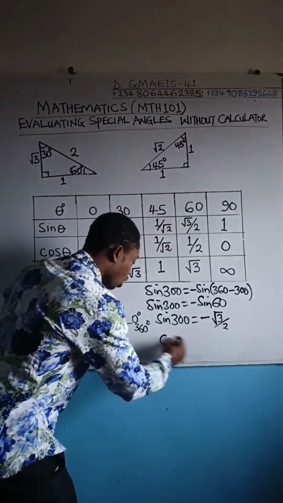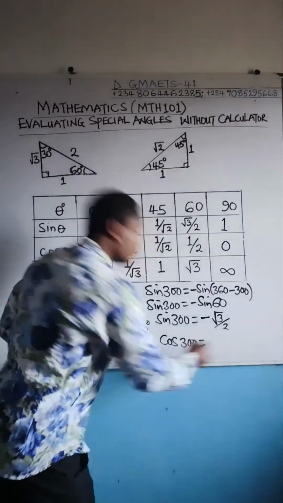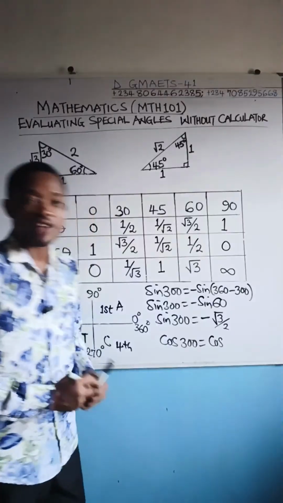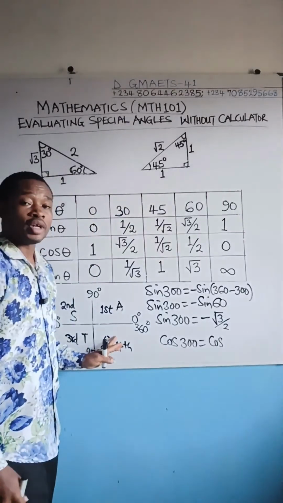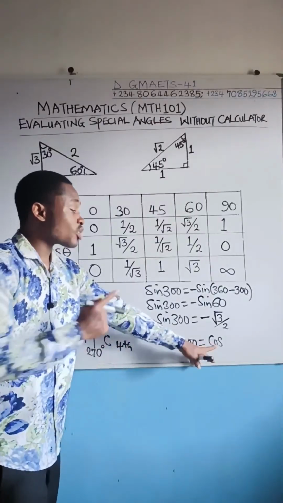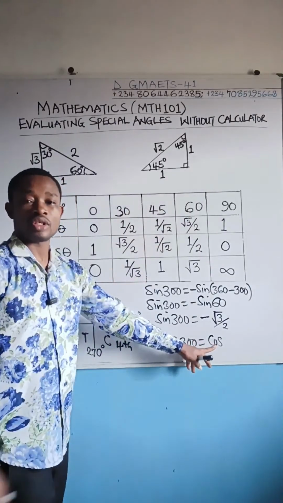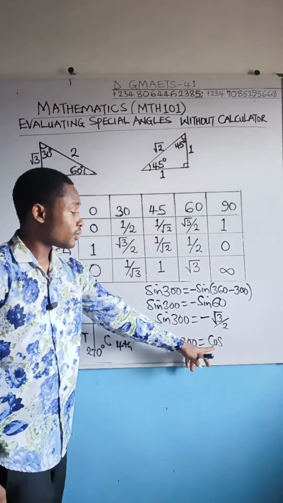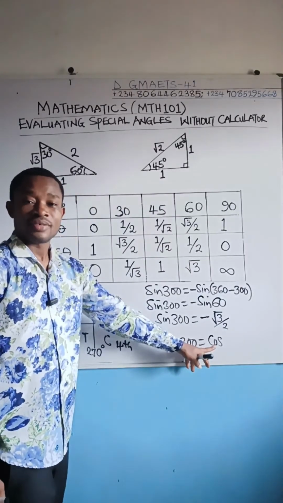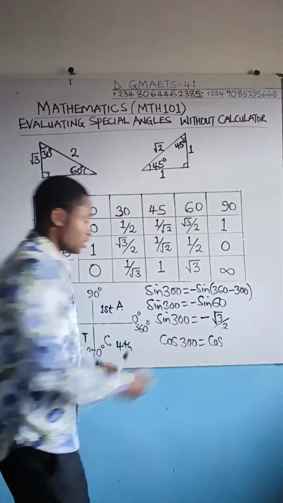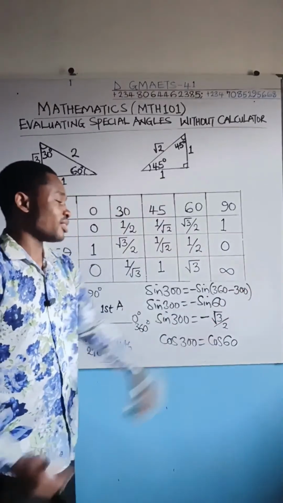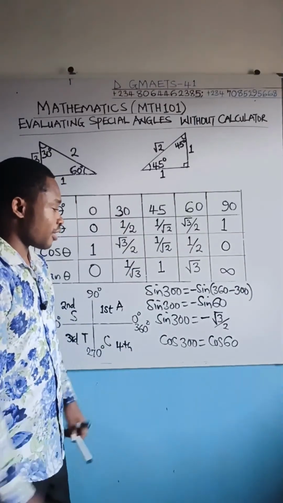We can obtain cos 300 as well, without wasting time. Cos 300 will give us a positive value because in the fourth quadrant, cos is positive. Cos 300 is the same as cos of 360 minus 300, which will give us 60, so cos 60. No need of wasting my time writing it out as cos 360 minus 300.